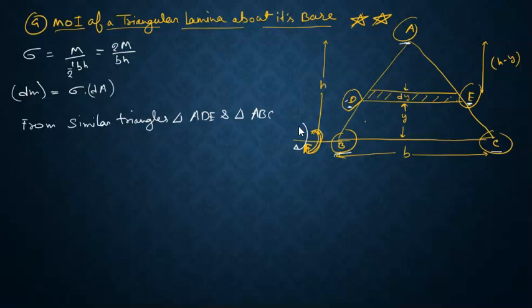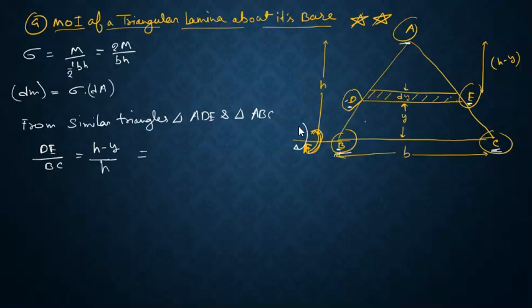So these are the two similar triangles, and from similarity conditions we can get that DE by BC equals H minus Y by H, where H minus Y is the height of the smaller triangle and H is the height of the bigger triangle.